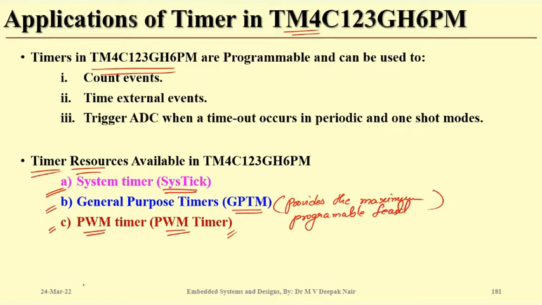That means this timer can be programmed to do tasks or events in many different ways. So this is the best timer. But of course, when you go for GPTM, it will require lots of registers to be programmed to make it work, because like I said, it gives you the maximum flexibility to program.